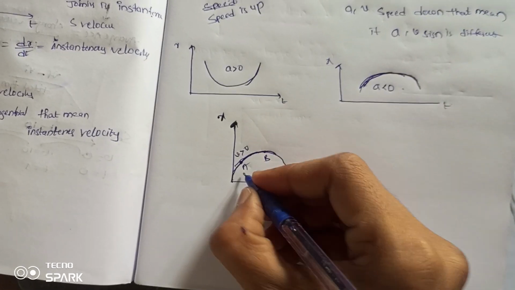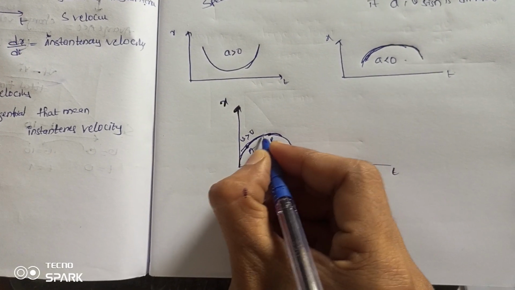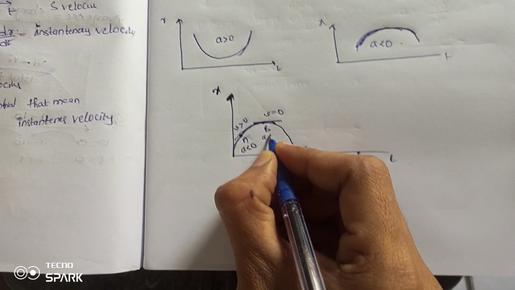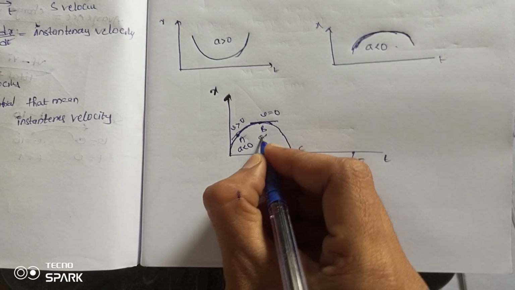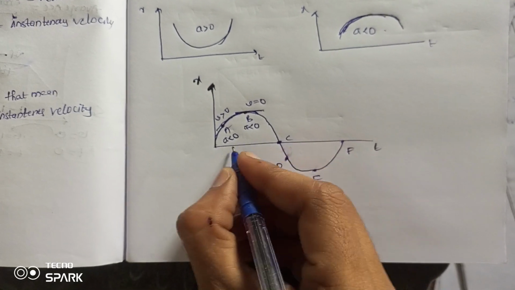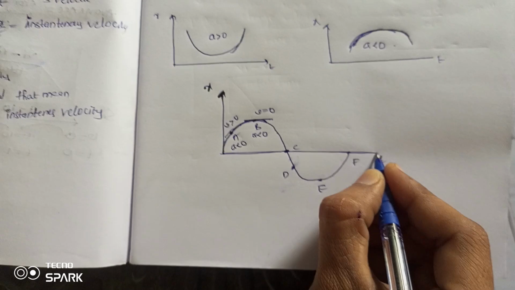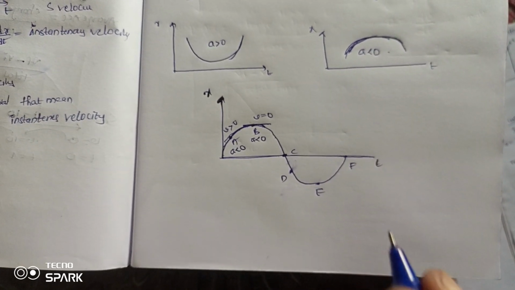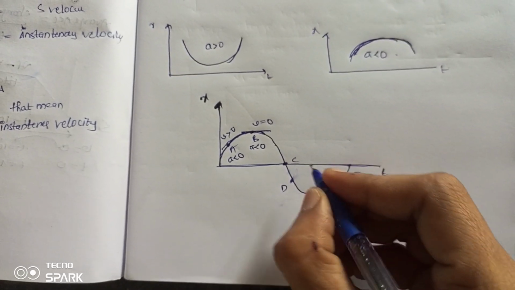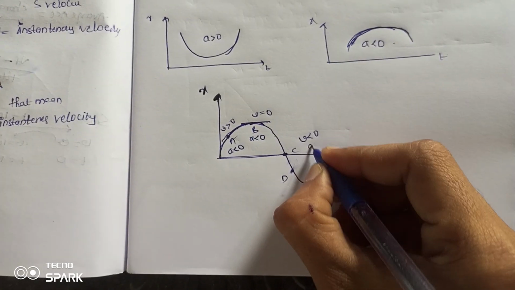The acceleration will be negative, and the slope of the xt graph, the velocity, is 0, but the acceleration will be negative. Then the velocity will be negative, and the acceleration also negative.